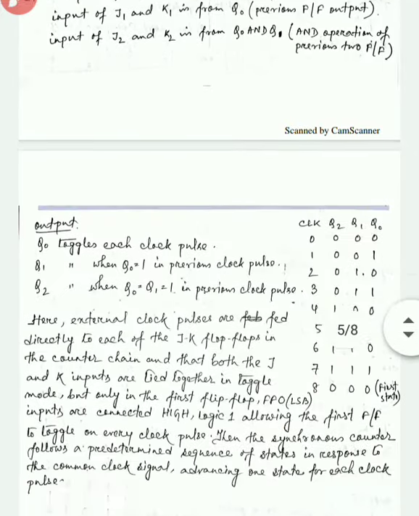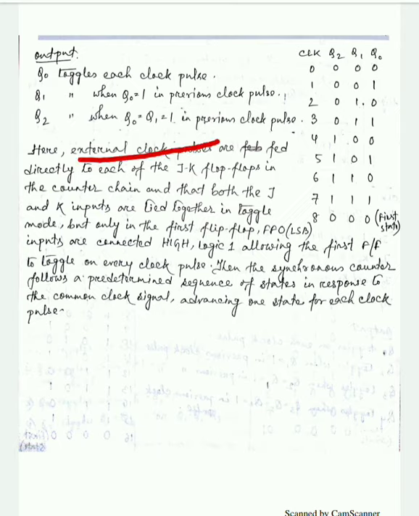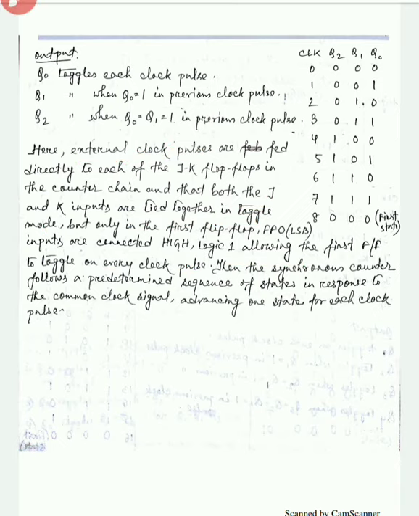And this is its working: the external clock pulse is fed directly to each JK flip-flop, and both J and K inputs are fed together. In toggle mode, logic 1 is applied every clock pulse, and the other circuit requires a common signal.